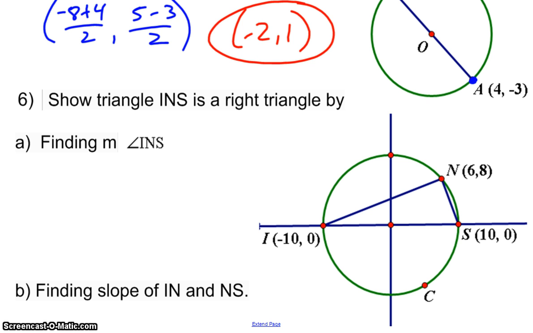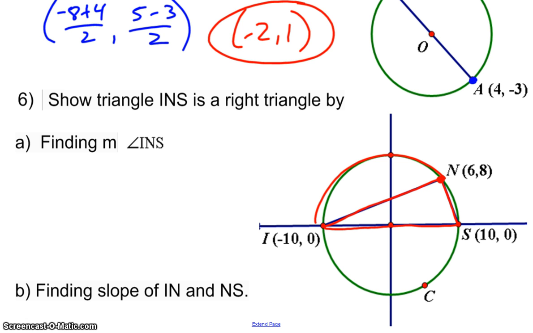In number 6, we're going to show that triangle INS is a right triangle in 2 ways. First off, we can see that the angle we're asked about, INS, is an inscribed angle because its vertex is on the circle, and it is intercepting the diameter. The diameter means we have half of the circle above and half of the circle below.